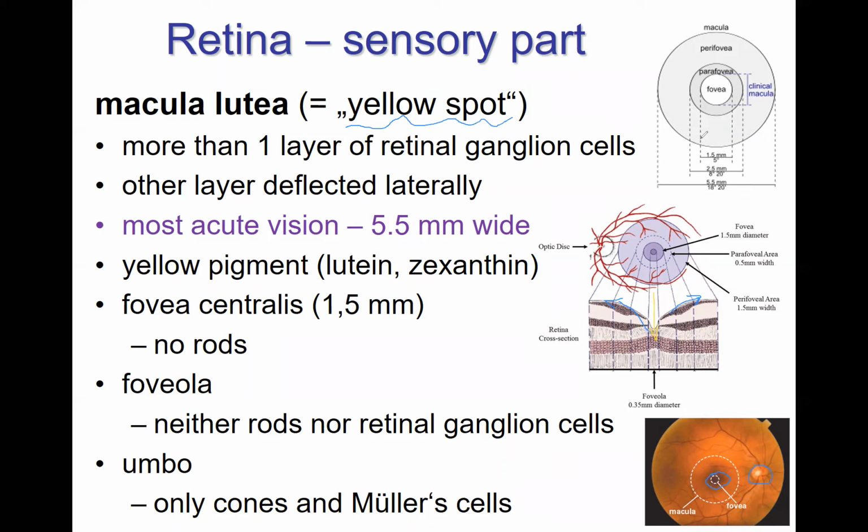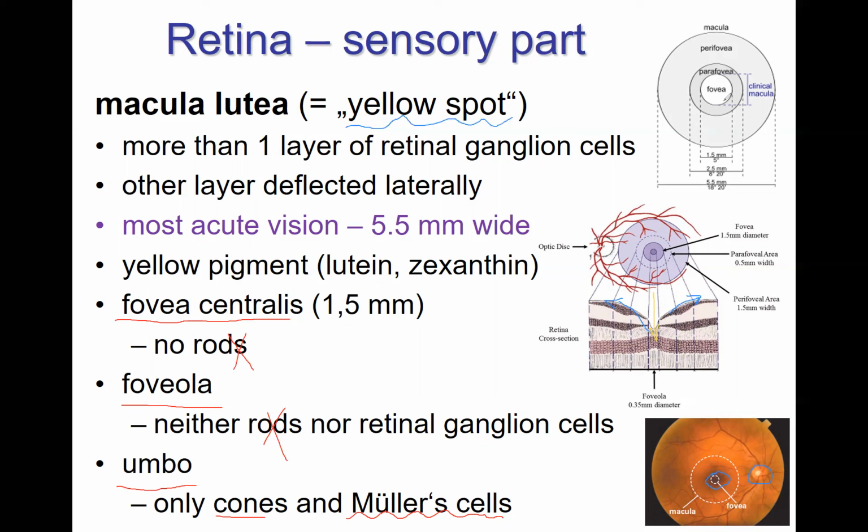And of course, we can distinguish some parts. So the very center is called the umbo. Umbo means umbilicus, navel. So there are only cones and the nursing cells, the Müller cells. Then we have the foveola, where we find already the bipolar cells and some other association ones. Then we have the fovea. As you can see, there are no rods in these areas.